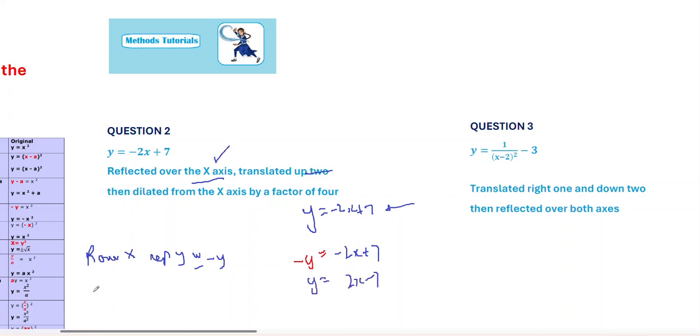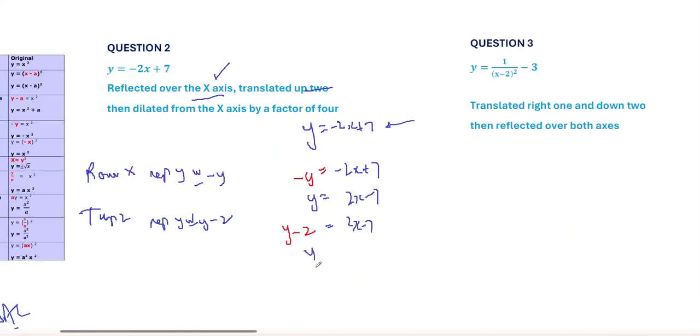Translate up 2 units, therefore replace y with y minus 2, and that still equals 2x minus 7. The 2 comes over in pluses, so I'm going to have y equals 2x minus 5.